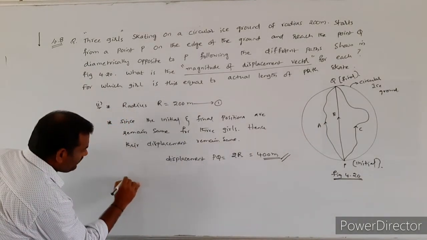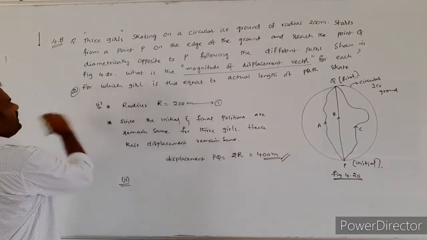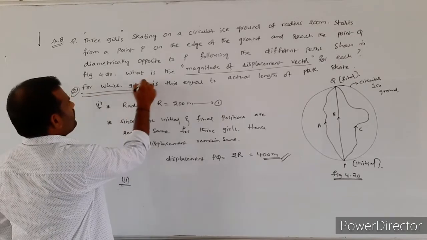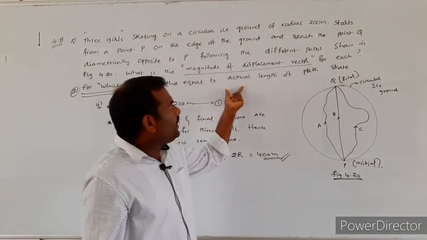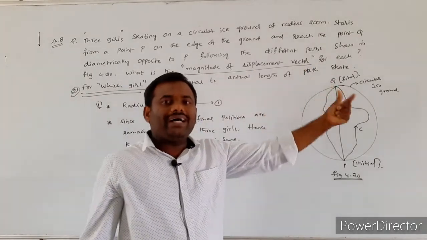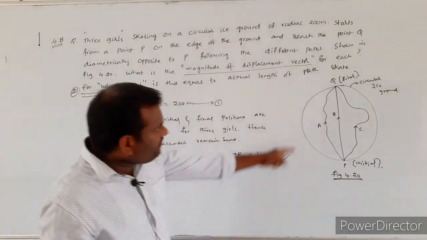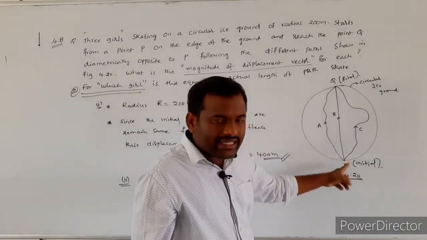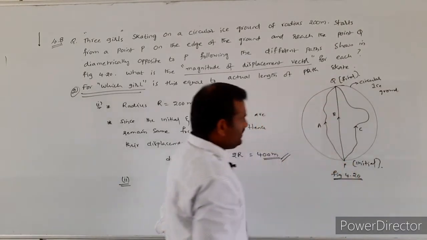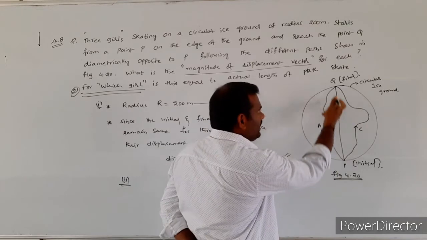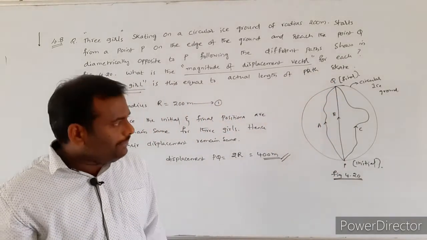The second part is also asked. For which girl is this magnitude equal to the actual length of the path she skated? If you look at the diagram, the magnitude of displacement PQ is equal to the path length covered by girl B. Why?